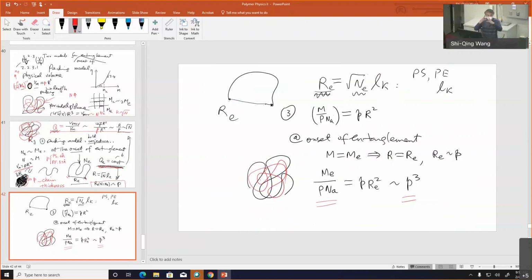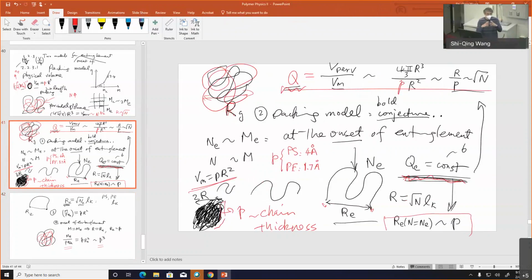You have this pervaded volume, which keeps increasing as your chain length increases, right? So you just need to keep increasing until you meet the point where there are 6 chains in it. That's the moment you reach entanglement for all polymers.